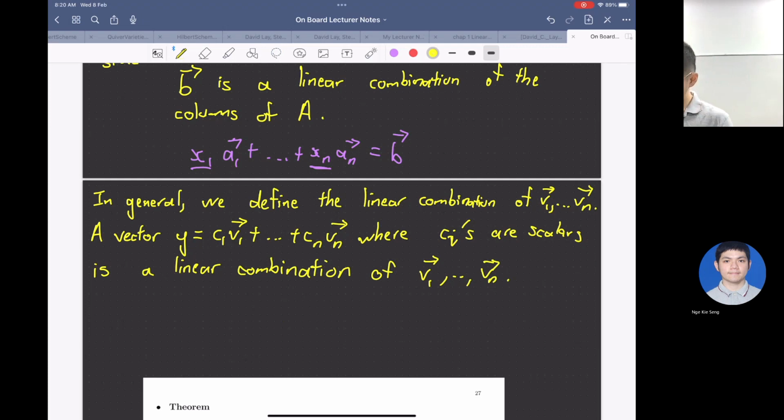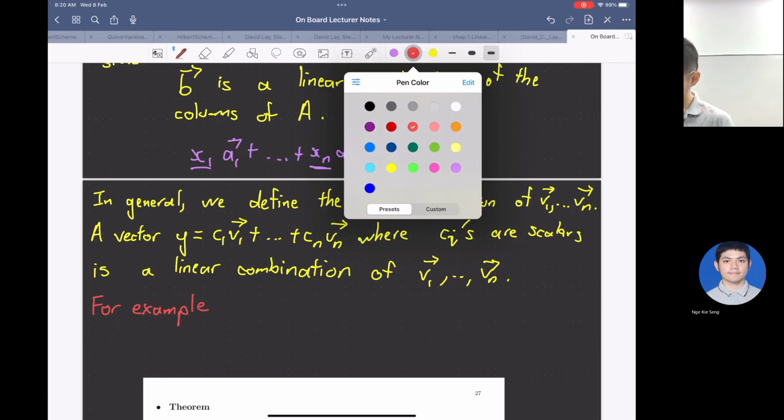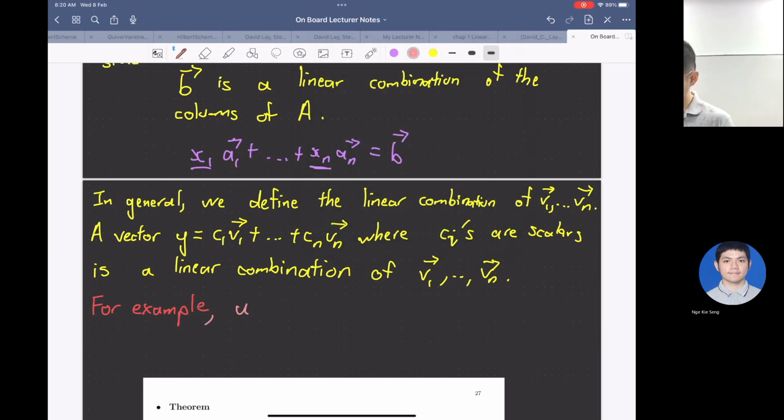So, for example, u plus v, u minus v, 0, and u are all linear combinations of u and v.